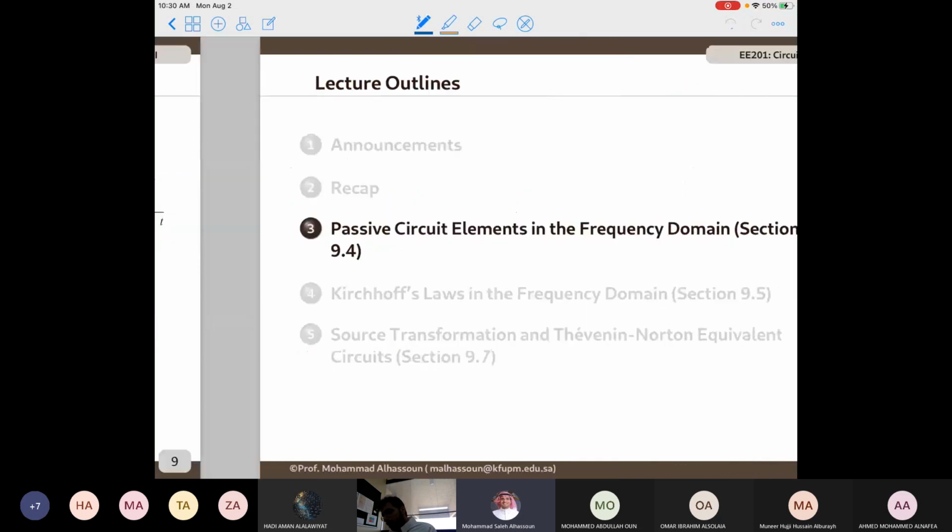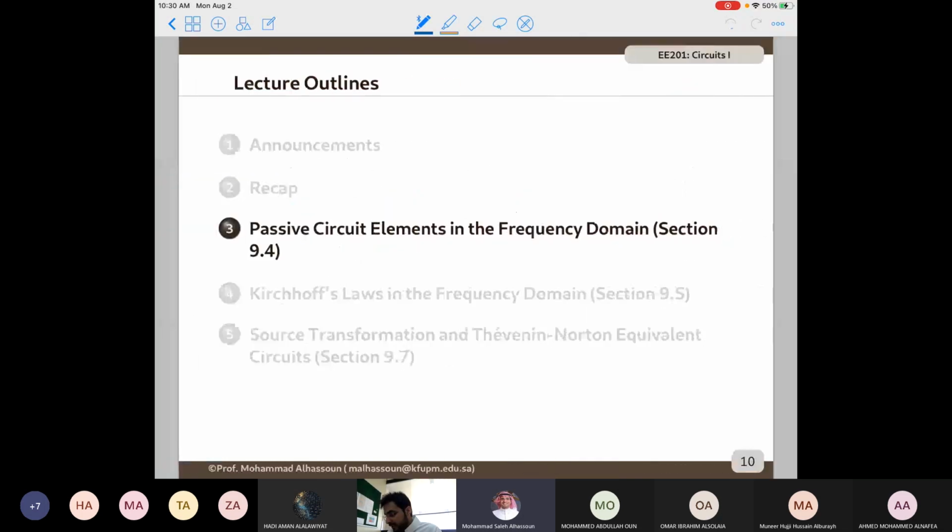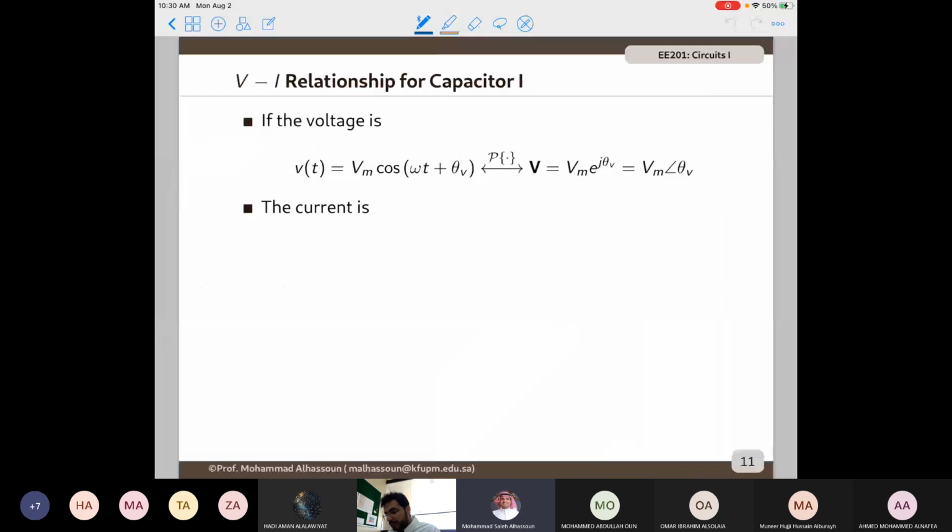Okay. So the only missing part here is to find the impedance of the capacitor. If we have a capacitor, what will be the impedance of that capacitor? Let's assume that we have the voltage across the capacitor, and let's find the current.